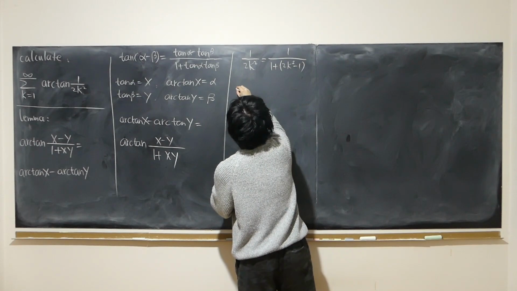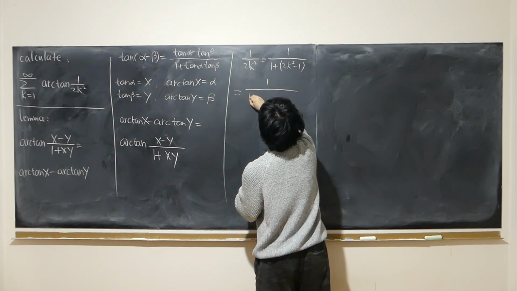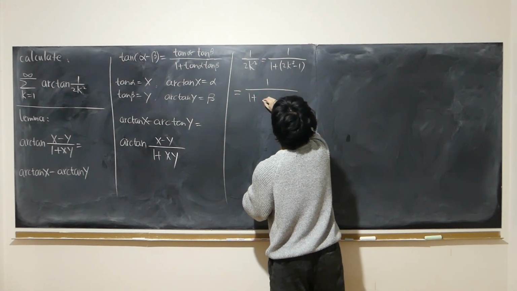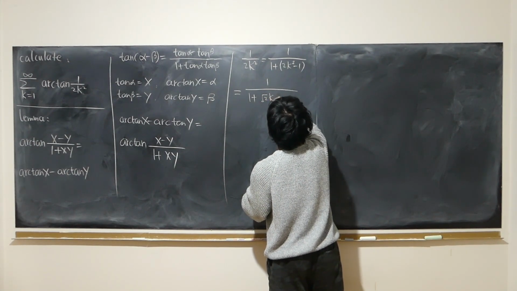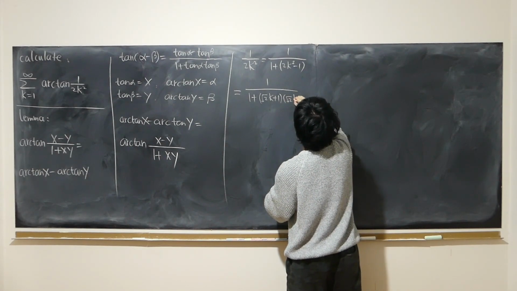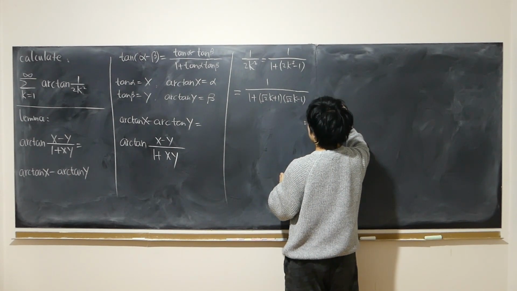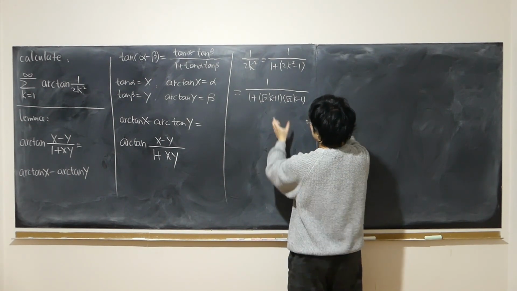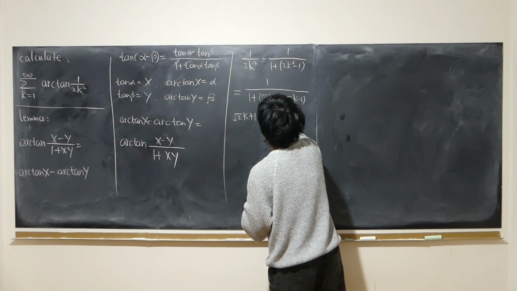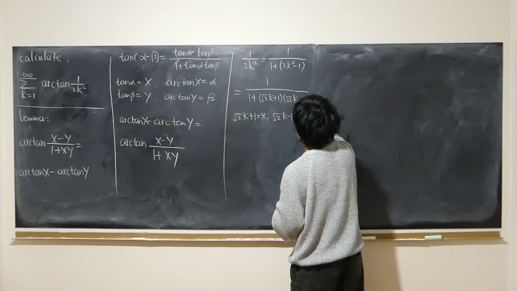So can I perhaps write it as 1 over 1 plus, this is a difference of perfect squares, the square root of 2k plus 1 times the square root of 2k minus 1? Is it doable? In other words, can I treat the square root of 2k plus 1 as x and the square root of 2k minus 1 as y?